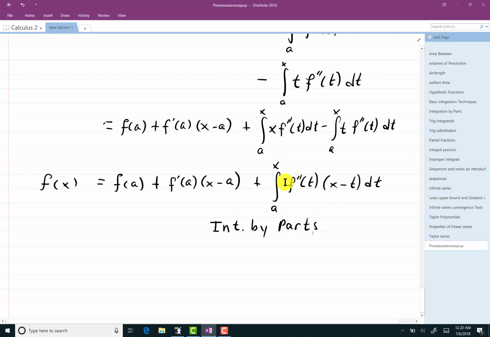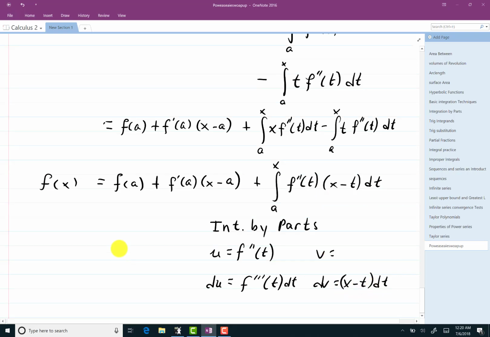And here I'm going to let u be f double prime. du will equal f triple prime of t dt, and then dv will equal the x minus t portion. When you integrate that, remember x is supposed to be a number.